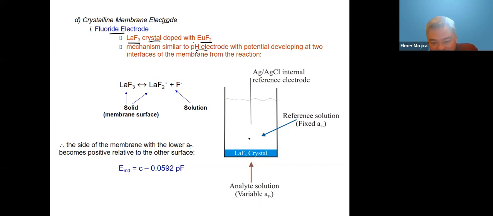So meron ka na naman pagkakaiba na concentration or activity ng ion mo at dito na nagbabago based on your analyte solution. So if you're going to look what is happening there, doon sa membrane surface, you have lanthanum fluoride producing lanthanum fluoride plus and F minus na pwedeng mag-interact or manggaling doon sa solution mo. So the side of the membrane with the lower activity of the fluoride becomes positive relative, okay, to the other surface.